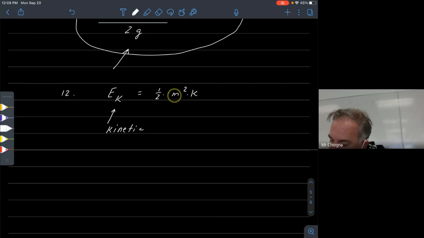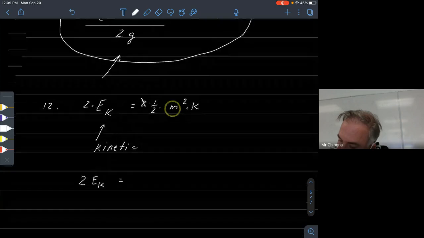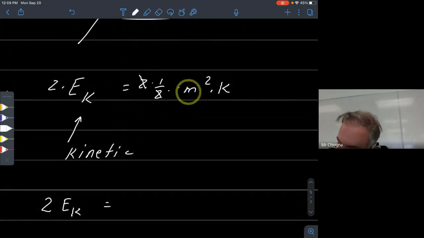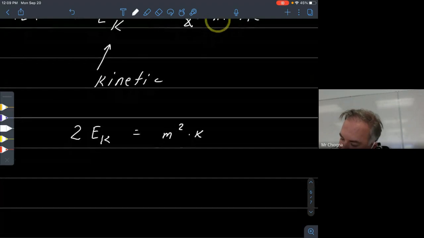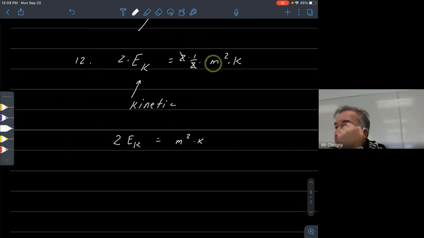Half times M squared times K. A half obviously is a number. The easiest way to get rid of it is just multiply by 2. Whatever you do on the right, do on the left. The 2 will cancel out, leaving you just with M squared times K. K is just a number you're multiplying with.